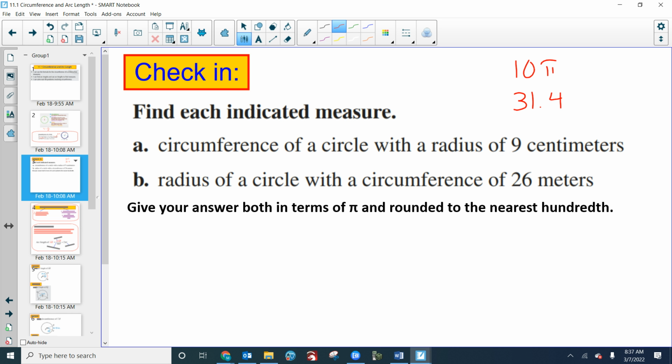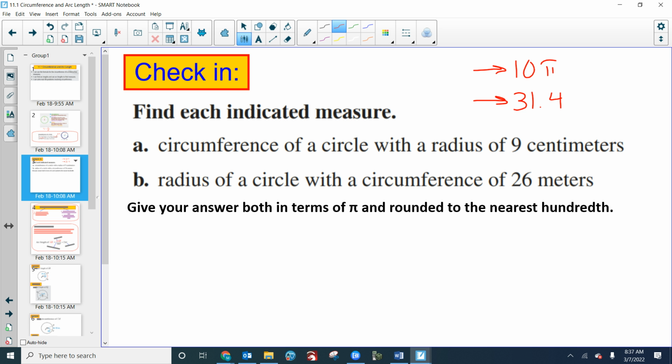If pi is 3.14 and I multiply by 10, isn't it about 31.4? So this is my answer in terms of pi, and this is my answer when I actually multiply times pi and round it to the nearest tenth, hundredth, whatever I'm asked to do. There's two ways to write our answers: in terms of pi and as a decimal.